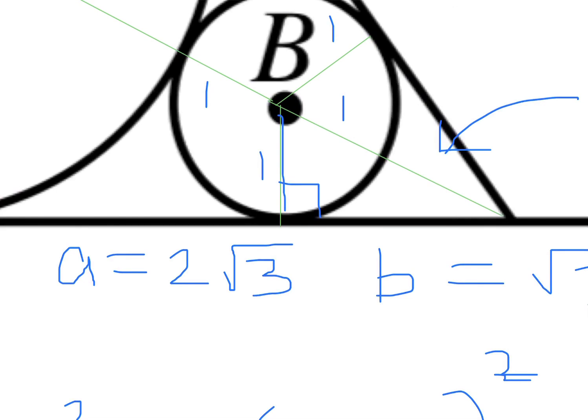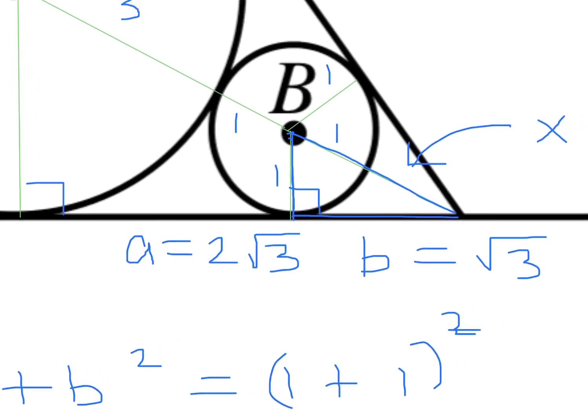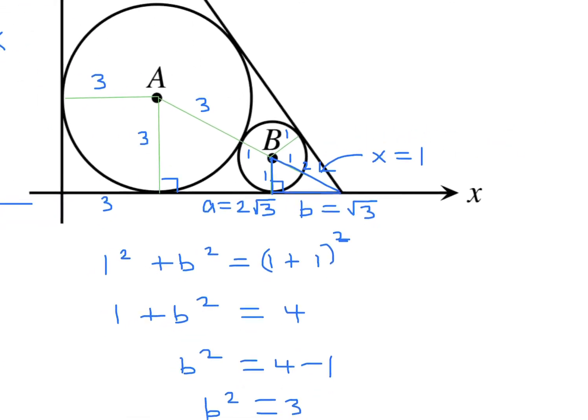So far, what did we have? We have B is equal to root 3, which is right here, right? And this is 1 from here to here. And this, if you can bring that x in there, is 1 plus 1, which is 2. So we have root 3 as the base, 1 as the height, 2 as the hypotenuse. So if you remember, if you have any triangle that has those relationships, I'll draw a triangle here.